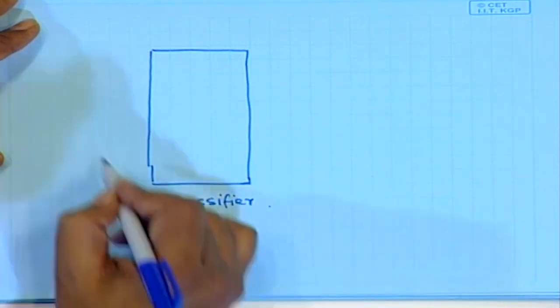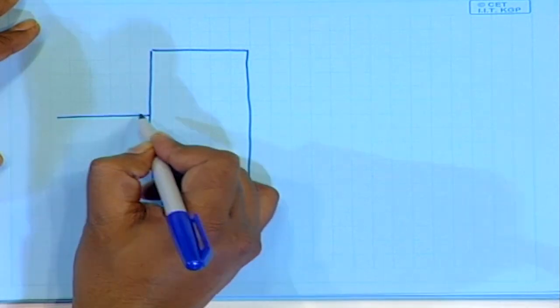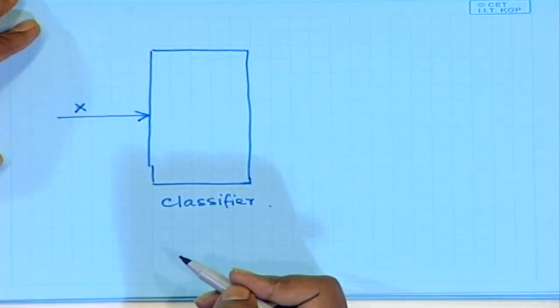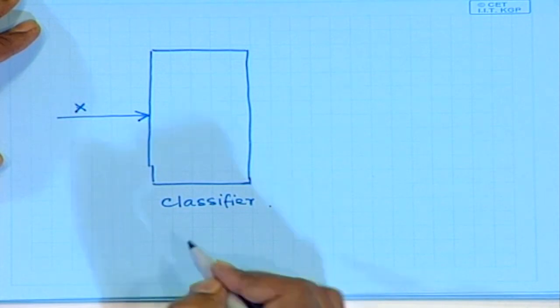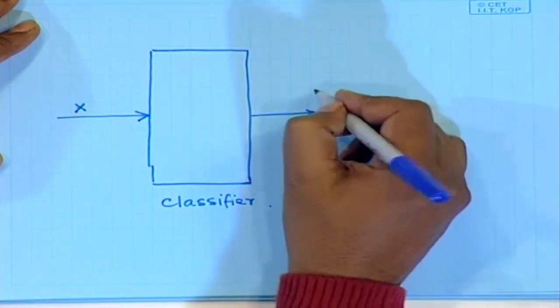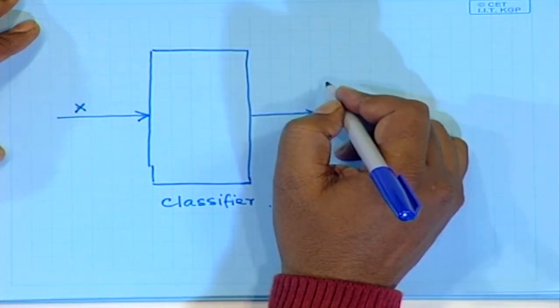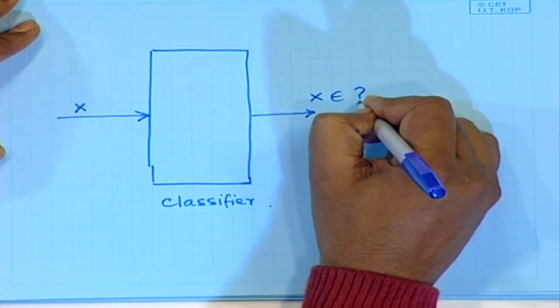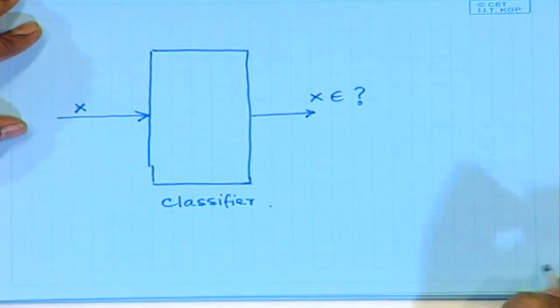As input, I have an observation vector or feature vector x of dimension d. Then the classifier has to give me a decision on the class belongingness of the object having this feature vector x.